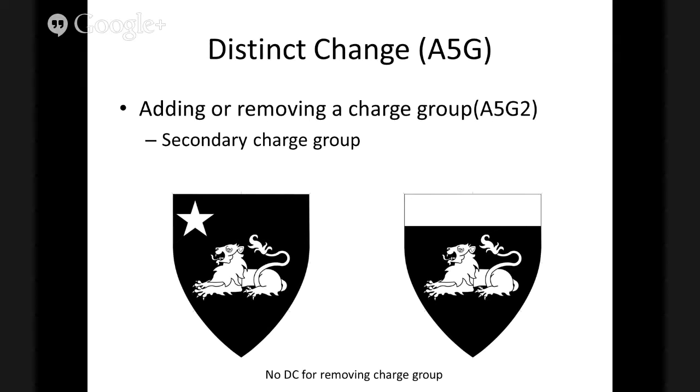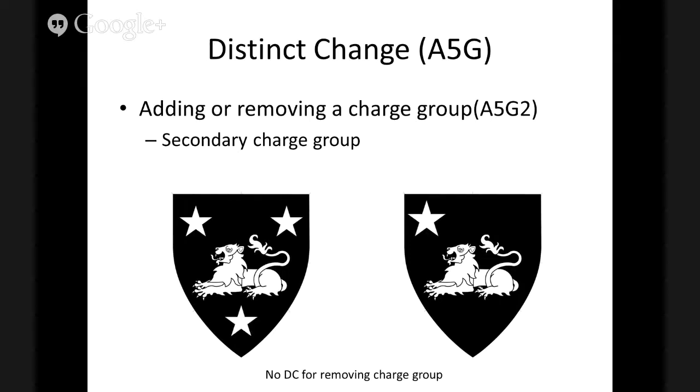How about here? Do we have a DC for adding or removing a charge group? Nah. Do we have a secondary charge group in the first one? Yes. The star. Do we have a secondary in the second one? Yes, the chief. We have not added or removed a charge group. How about here?